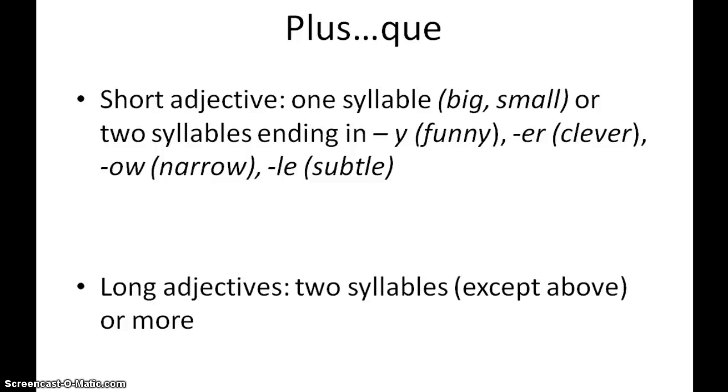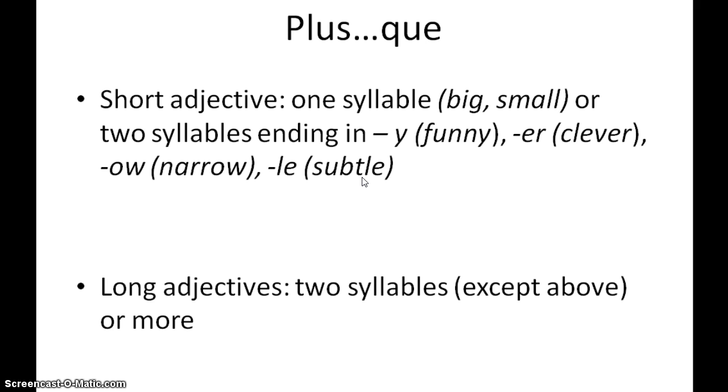Okay? We're moving on to something which is slightly more complicated, but you should know about it. It's the various ways we use to say plus que. In order to do that, you need to be able to make a difference between a short and a long adjective. A short adjective is one with one syllable, big, small, or, and this is where you have to use your memory, two syllables if they end in y, as in funny, if the adjective ends with er, as in clever, ow, narrow, or le, as for instance in subtle.